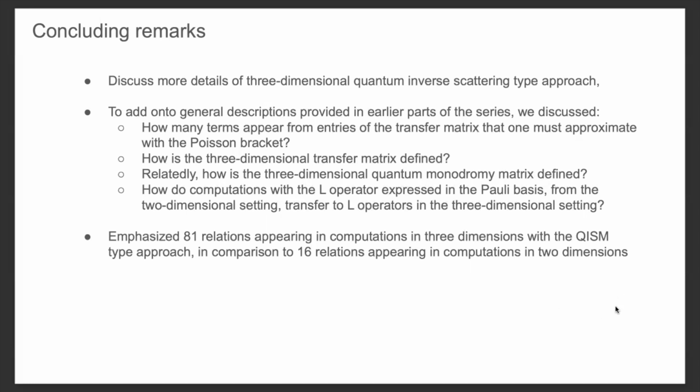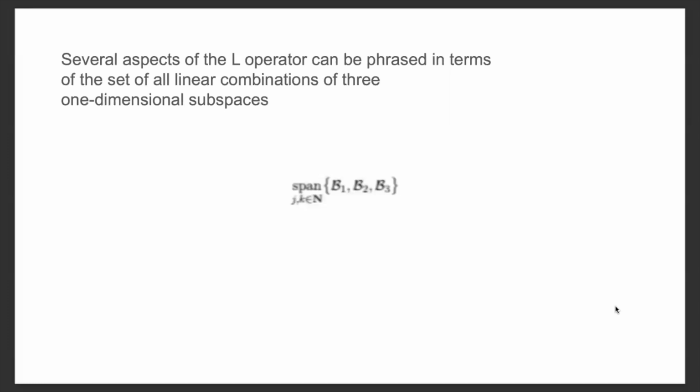So we're still going to be able to use very similar aspects and properties of the Poisson bracket. Just we're going to have to look at different types of combinations of interactions, and there are more combinations for interactions to occur in three dimensions rather than in two. And so several aspects of the L operator can be phrased in terms of the set of all linear combinations of three one-dimensional subspaces.